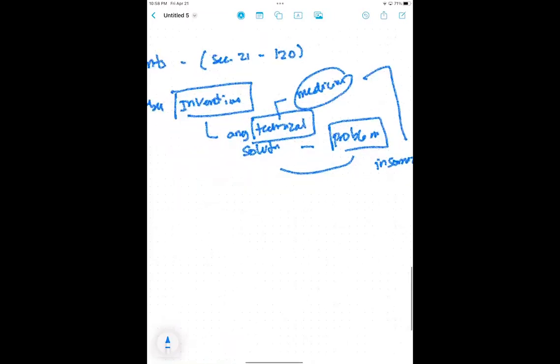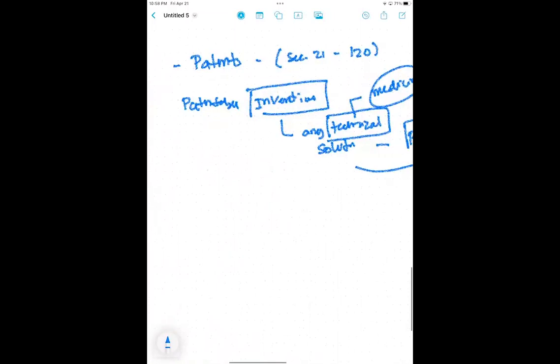Now, the question is, is this medicine patentable? The answer should be based on whether the medicine contains all the elements of patentability. And what are the elements of patentability? Number one, it must be new or novel. Number two, it must involve inventive step.